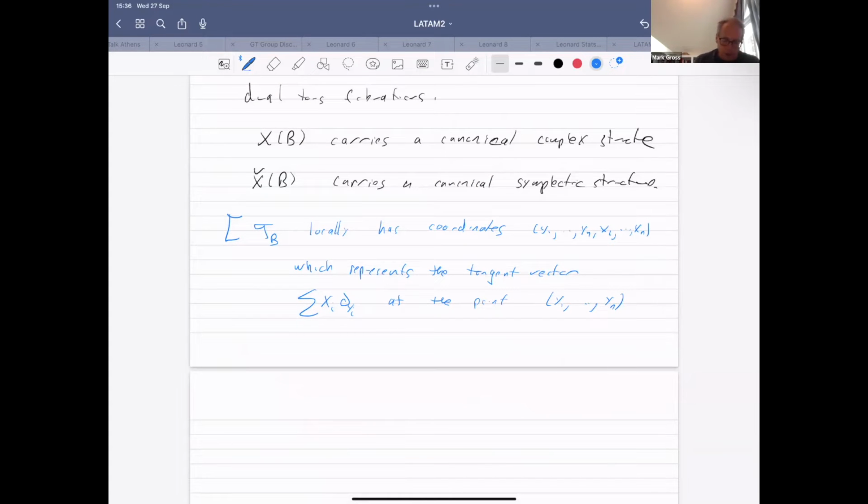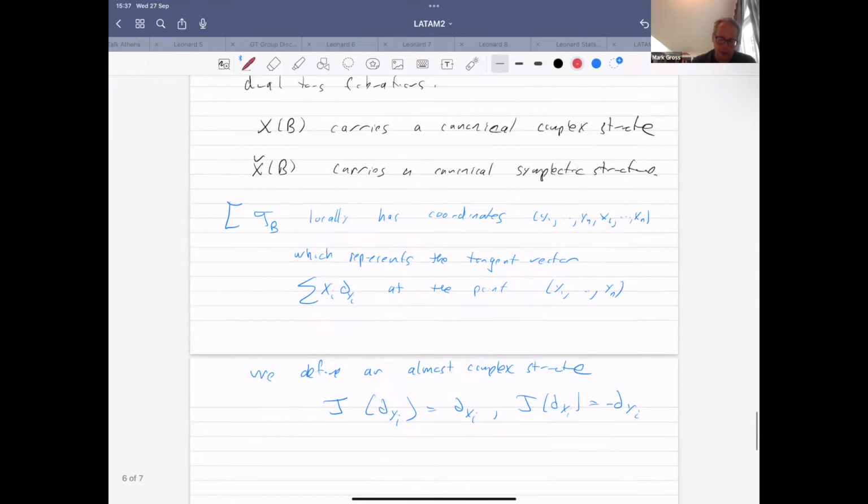And then we can define an almost complex structure, which I can define by defining a J operator, which acts on dyi equal to dxi, and J applied to dxi is equal to minus dyi. So we just exchange the xi's and the yi's.